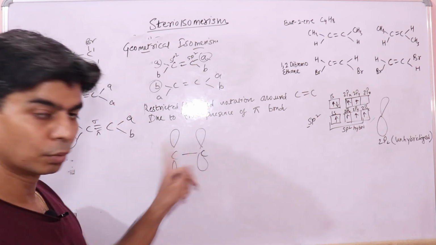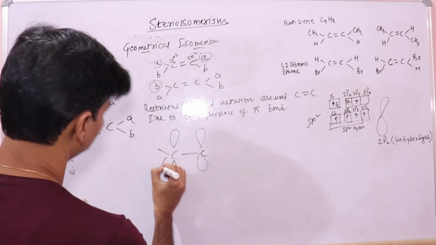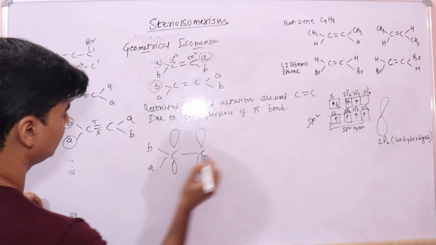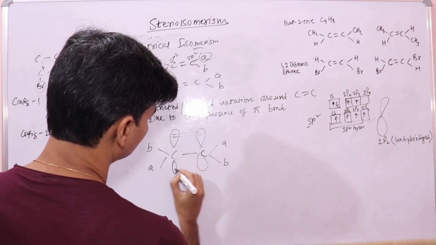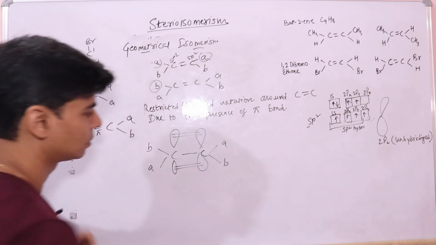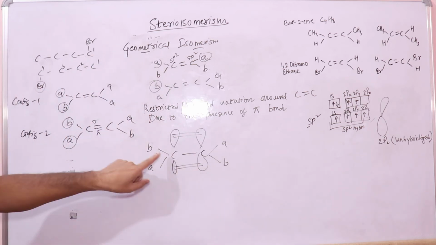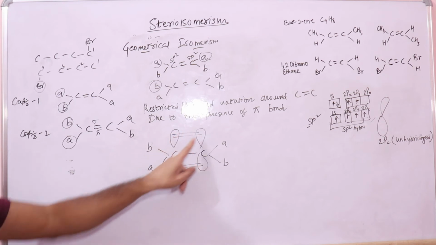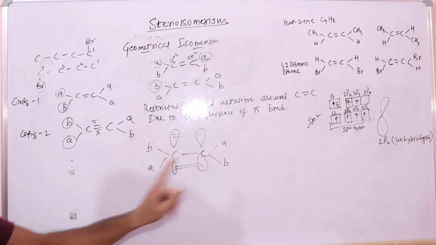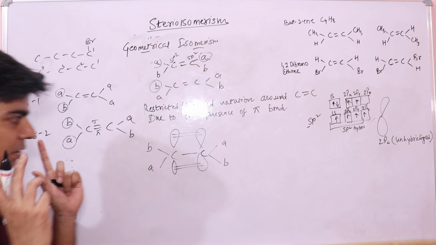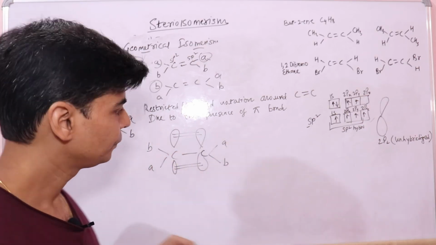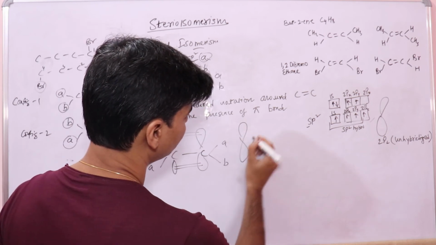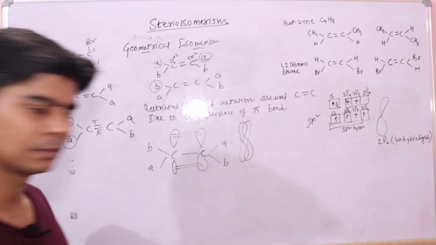Both these are 2pz orbitals. So this second bond is due to the sidewise overlapping between these two p orbitals, and this is how it will undergo a sidewise overlapping.